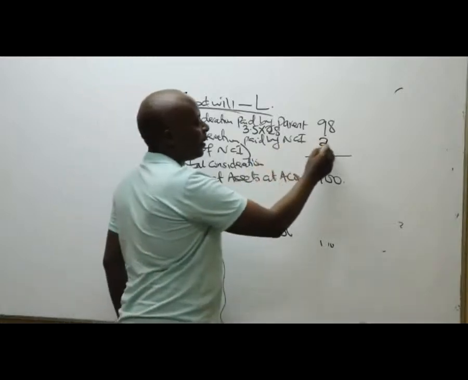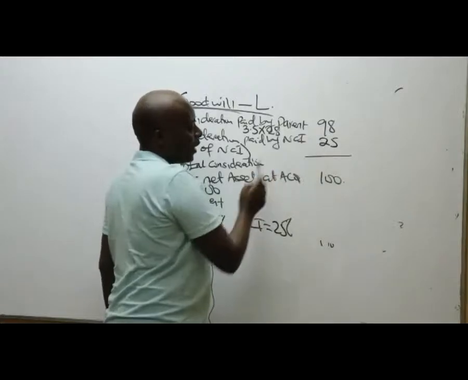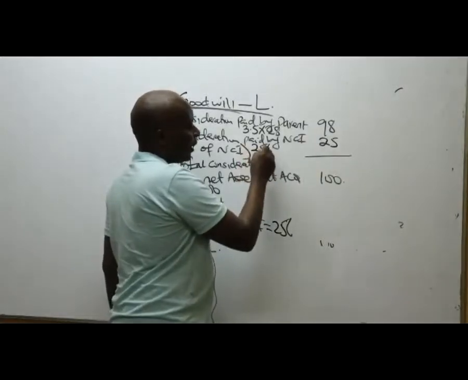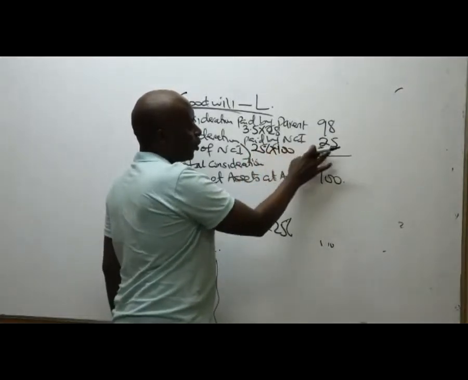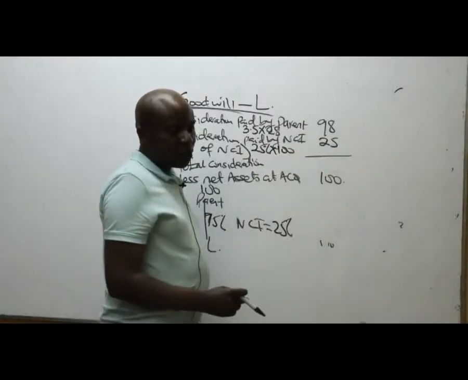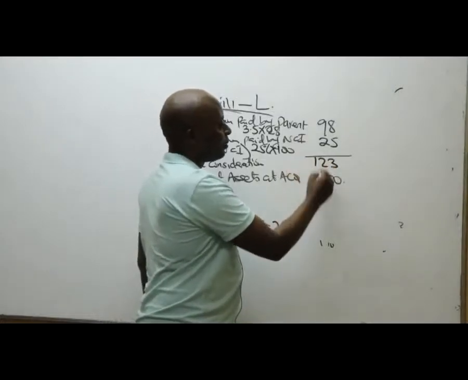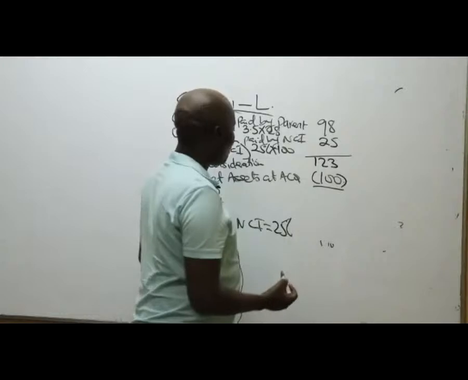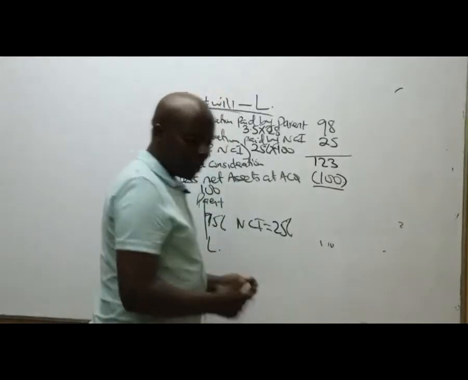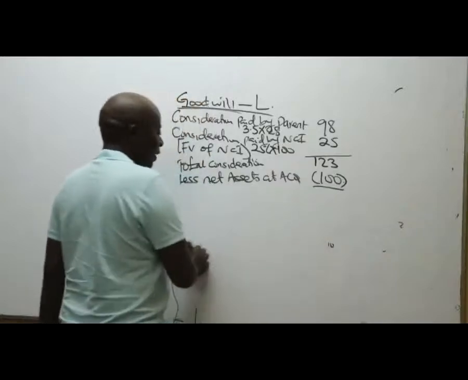Therefore, the total consideration will be 98 plus 25, which gives me 123. And if you subtract like that, you'll be able to get the goodwill.